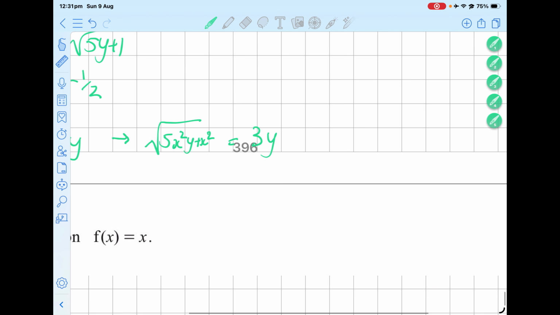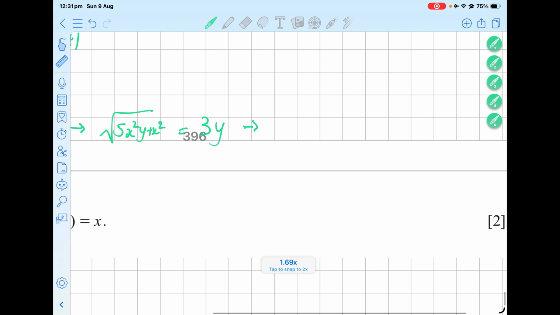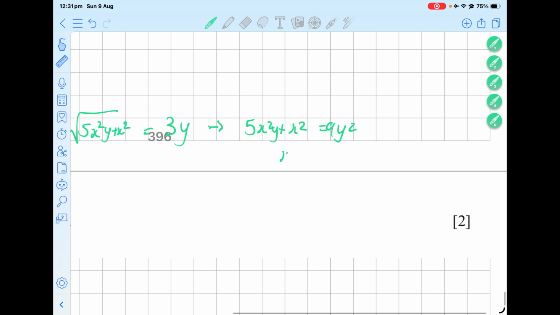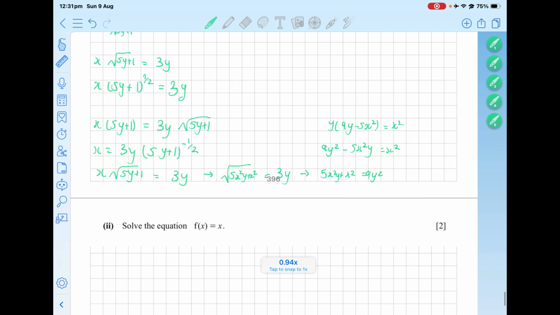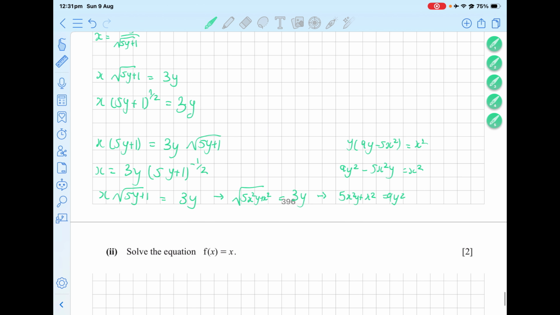So I could do 5 times x squared y plus x squared equals 9y squared. So 9y squared minus 5x squared y equals x squared. So y times (9y minus 5x squared) equals x squared, and therefore we can find out f inverse of x. So this is the challenge for you.